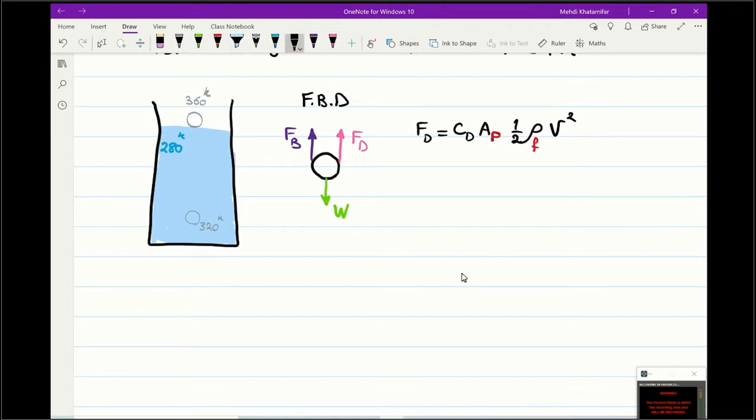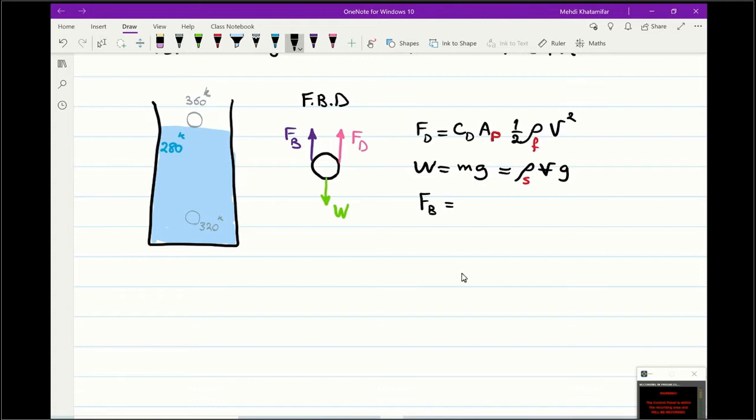The next one is weight, which is really easy, mg, but we don't have mass, so we use density. So density times volume times g. Because this is the mass of the sphere, it is going to be for the solid. And the last one is buoyancy force.